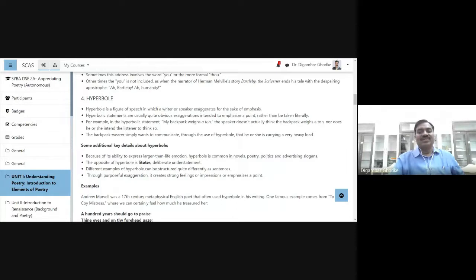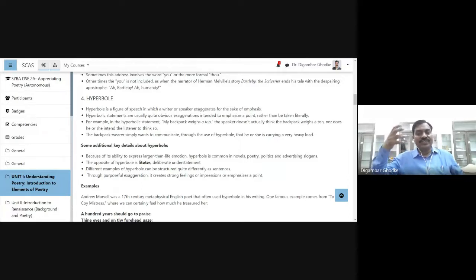So here the speaker actually doesn't think that the backpack weighs a ton. Actually, the speaker does not even want the listener to think so. But it is the way of saying something.